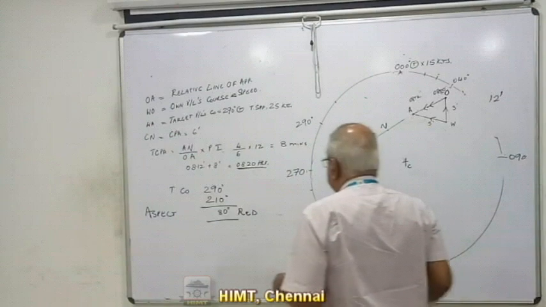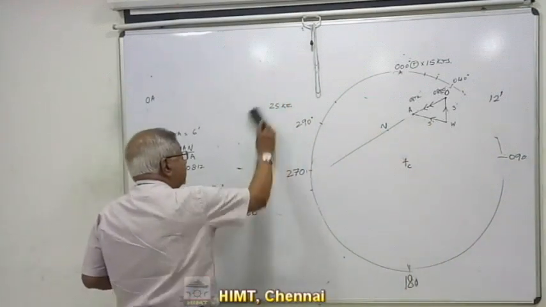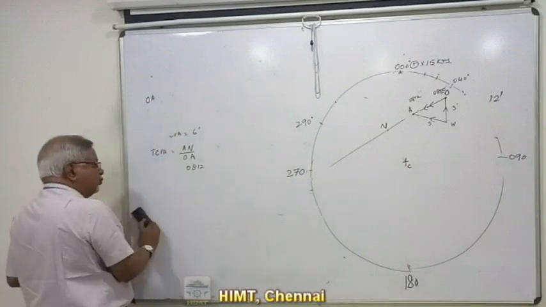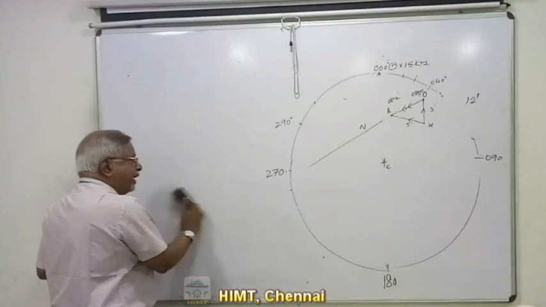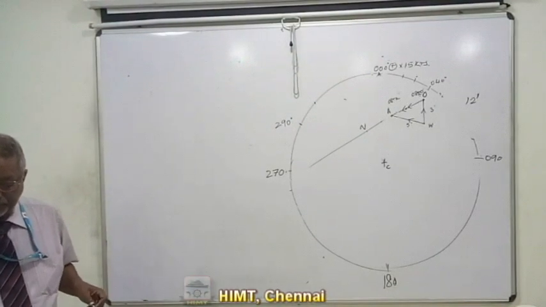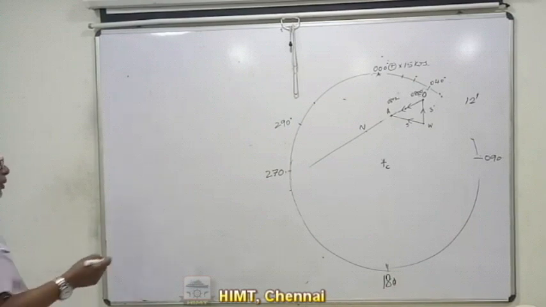Thereafter, you have to report this in the initial plots. They ask you to report to the master. Report the target at 0812. How will you make a report?